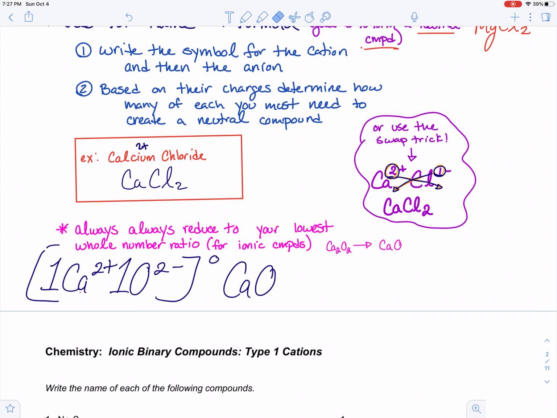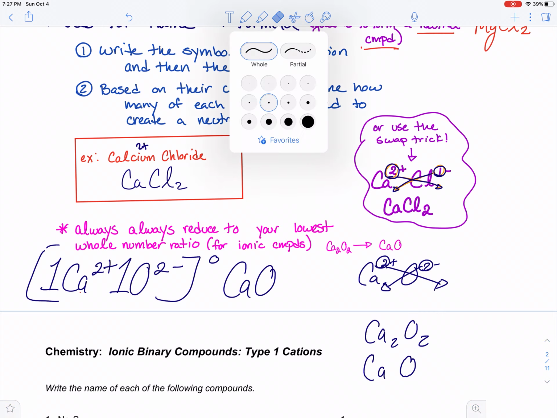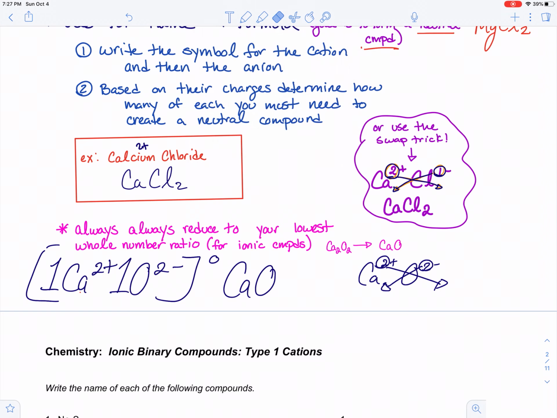Now, if you use the swap trick, you'll see that calcium has a 2+ charge and oxide has a 2- charge. If you take those numbers and you swap, you would end up with Ca2O2. So you would need to reduce that to Ca1O1. And again, you don't have to write the 1s, they're assumed. So anytime you're going to use that swapping trick, you have to make sure you reduce to your lowest whole number ratio.